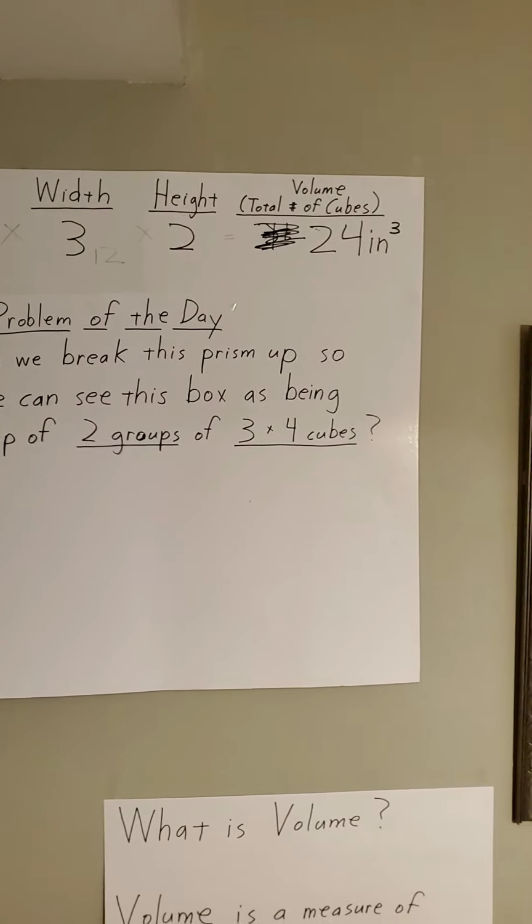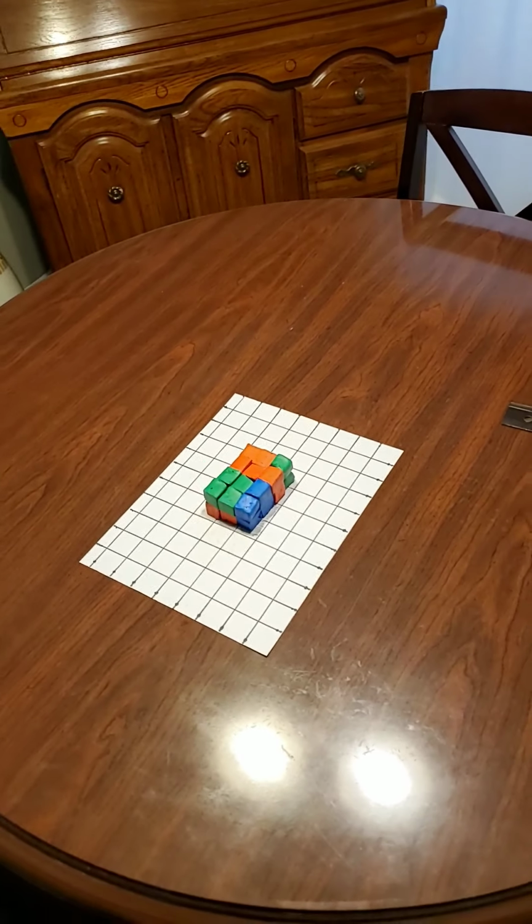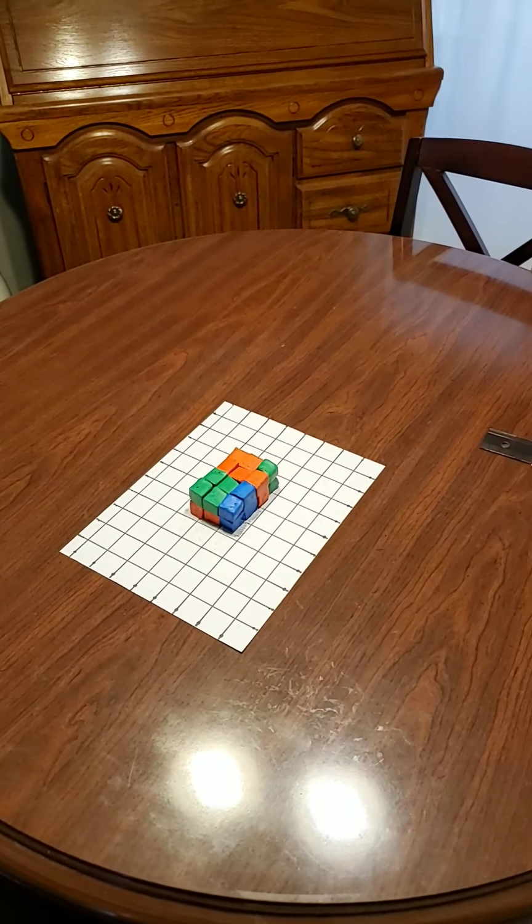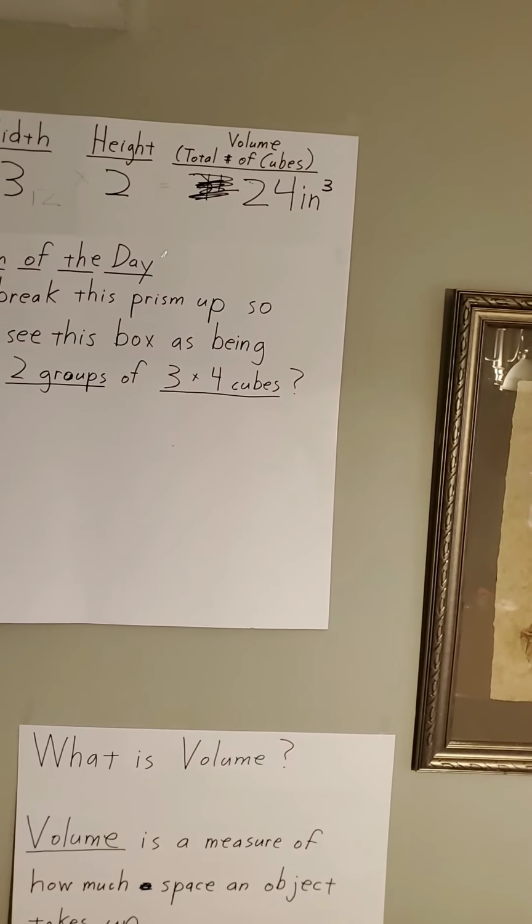So it wants us to break this up into two groups of 3 times 4 cubes. So how am I going to break this rectangular prism up into 3 times 4 cubes?